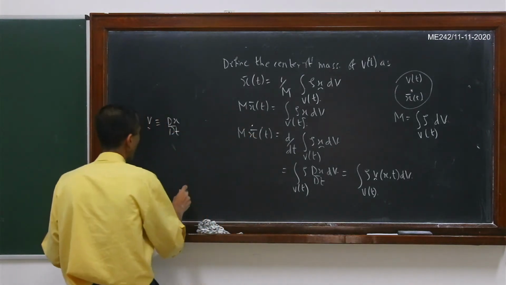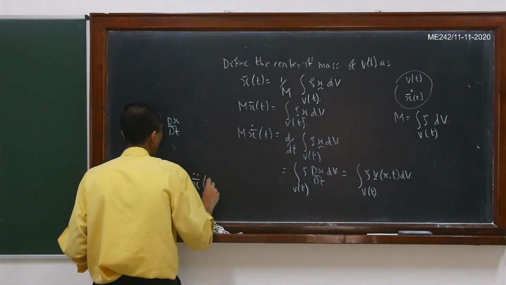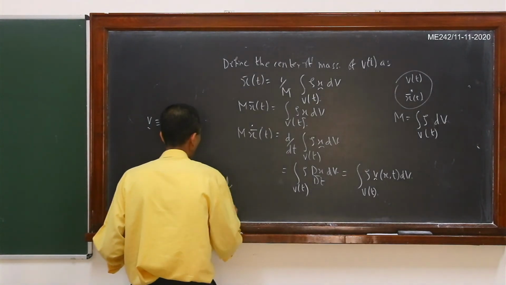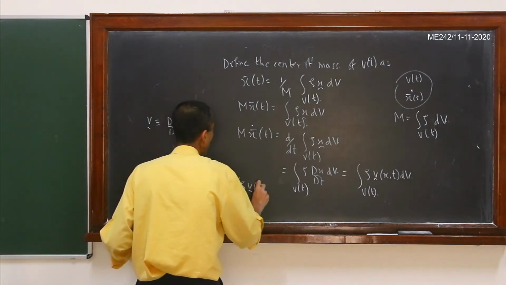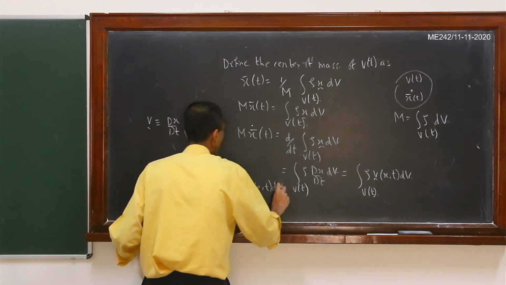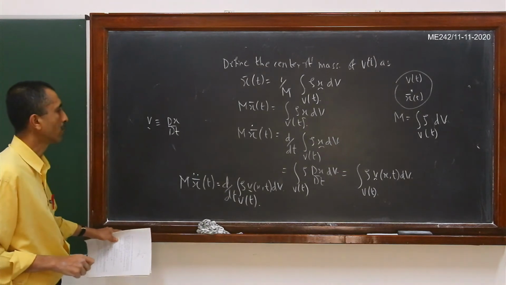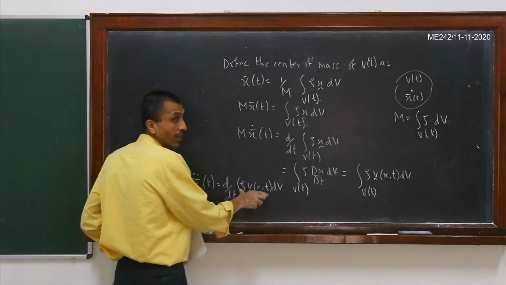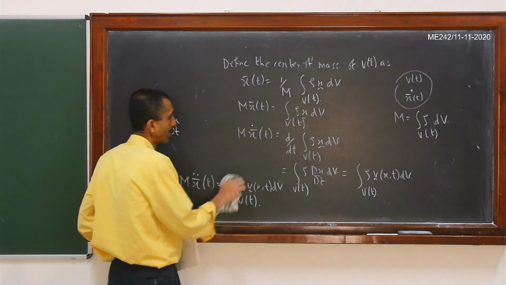So m times x bar double dot of t is equal to d by dt of the integral of rho times v of x comma t times dv over V of t. This is exactly the rate of change of linear momentum term in the balance of linear momentum that I have put down here.